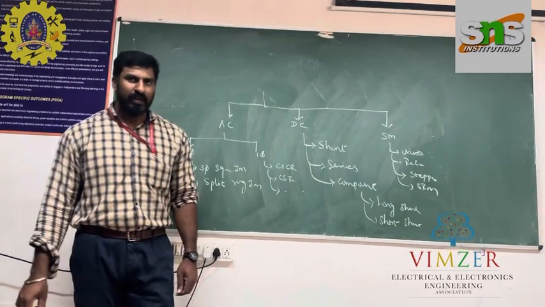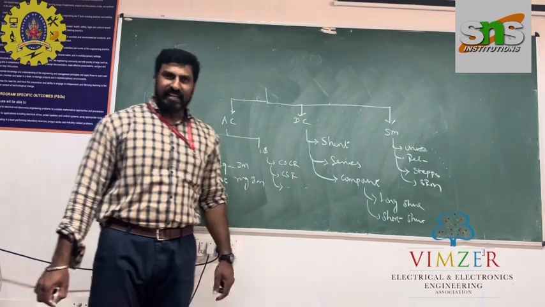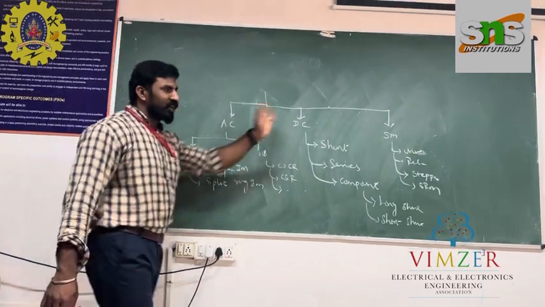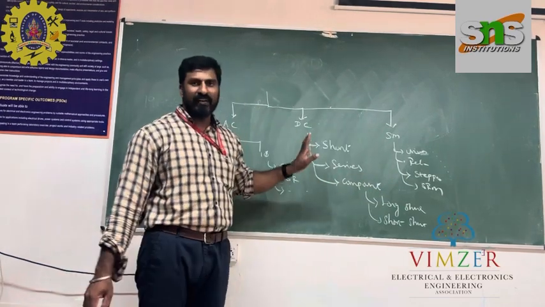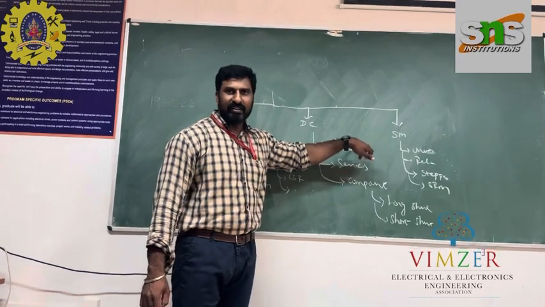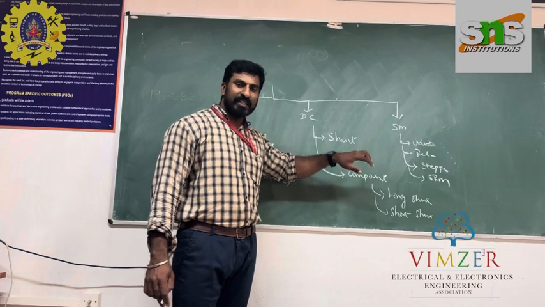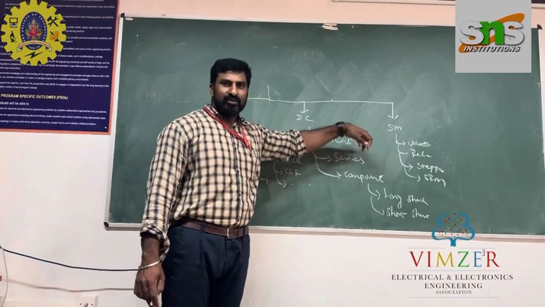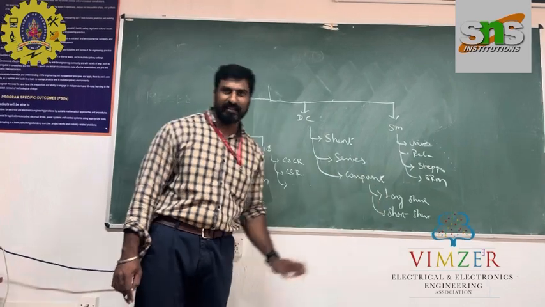Based on the motor classifications, we can use any one of the motors based on the application. Each motor has different characteristics. For example, the shunt motor delivers constant speed and constant torque. The series motor will deliver maximum torque, and with the compound motor we can change the speed-torque characteristics.